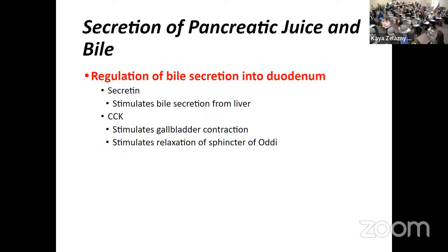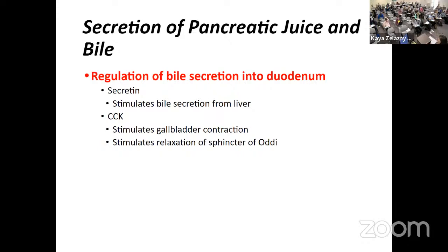Right, so as we release the contents of the gallbladder, that bile then moves through our cystic duct, links up into our common bile duct, and dumps into the duodenum as it goes out the sphincter of Oddi.